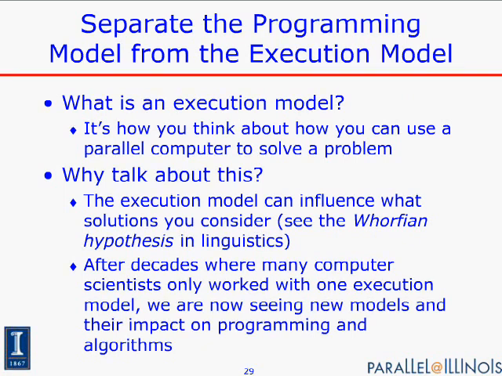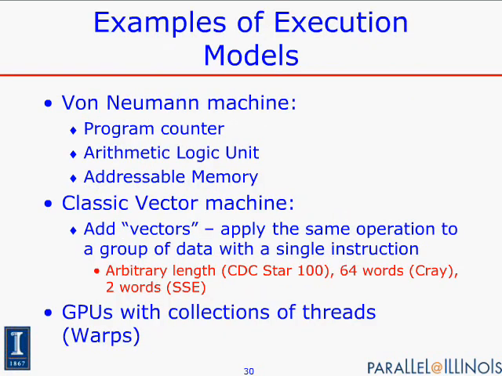So what are some examples of an execution model? Well, a von Neumann machine is an execution model. You've got the program counter, the arithmetic logic unit, you've got addressable memory. Another example would be a classic vector machine, like a Cray, where you added an object, which you call a vector, which is a group of data on which a single instruction would perform many operations.